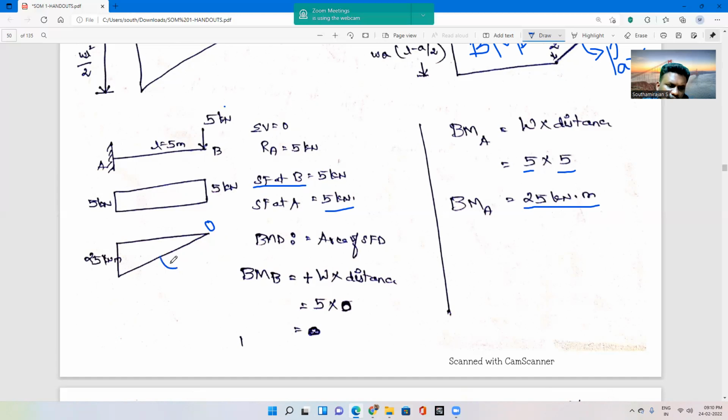So the variation will be a linear variation, linearly inclined variation. So by applying the nature of load, we will exactly convert the load into the shape of shear force and bending moment by the logic of transformation of load.